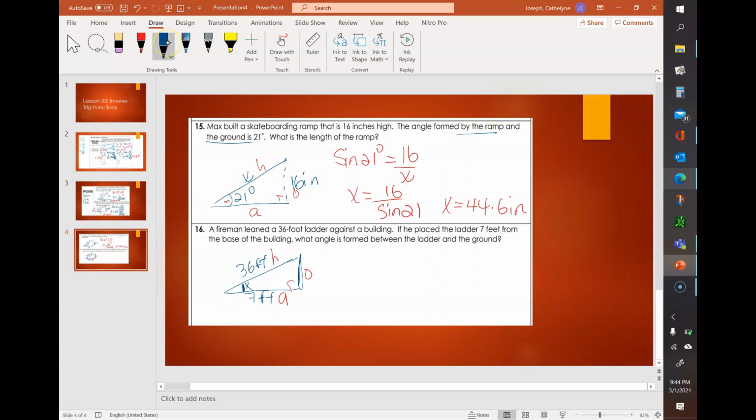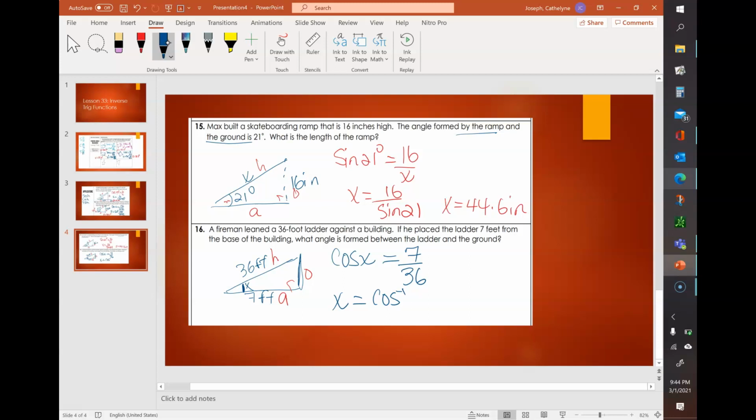All right, so since we are finding the angle here, this is where we're going to need to find the inverse. Since we know A and H, we have to use cosine. So we do cosine of x degrees, because we do not know the angle, equals 7 over 36. So now we do the inverse. To get x, we do the inverse cosine.